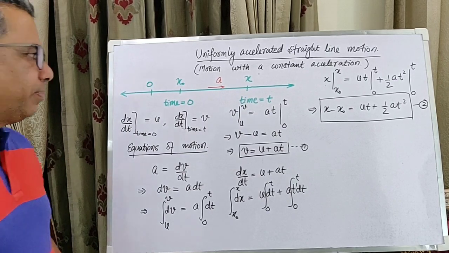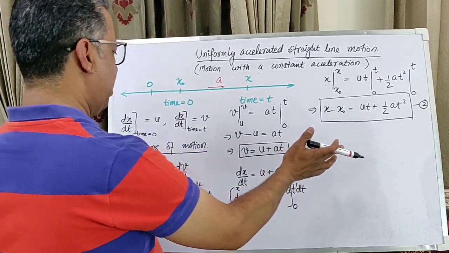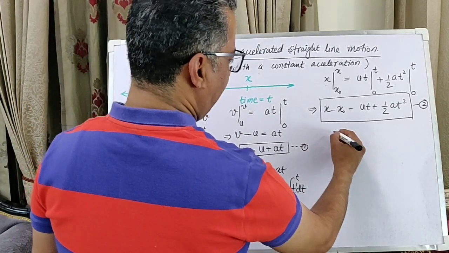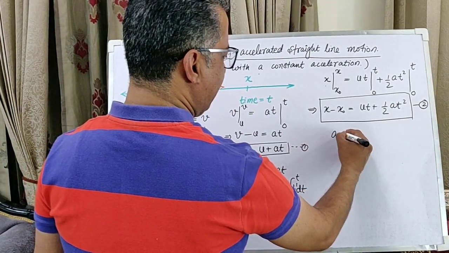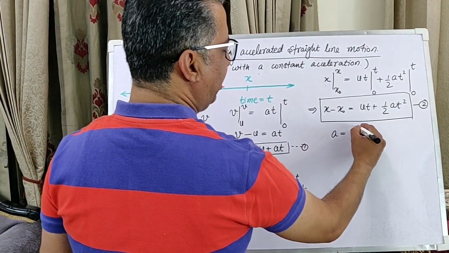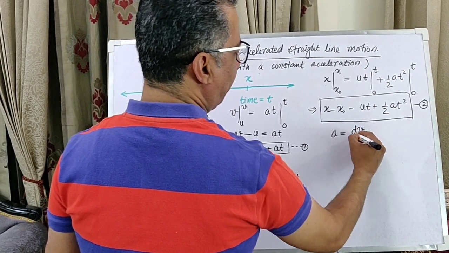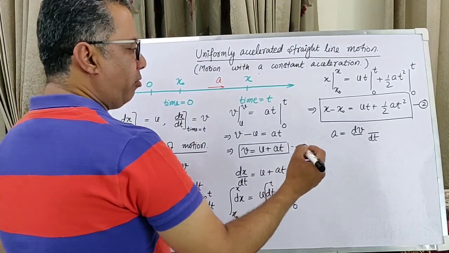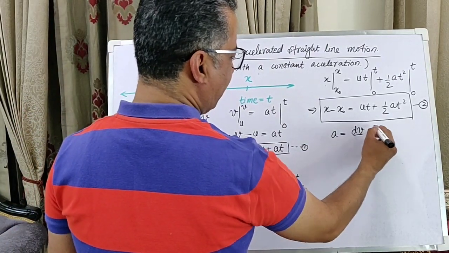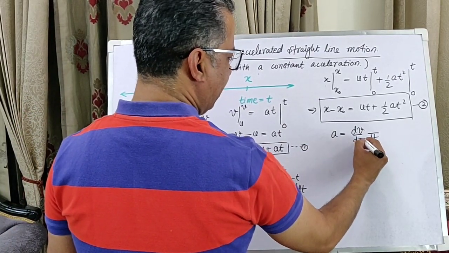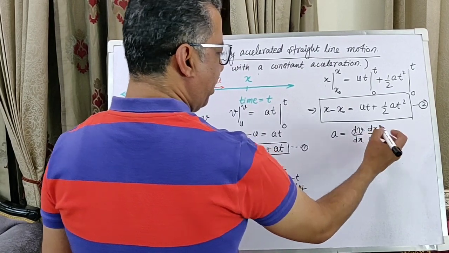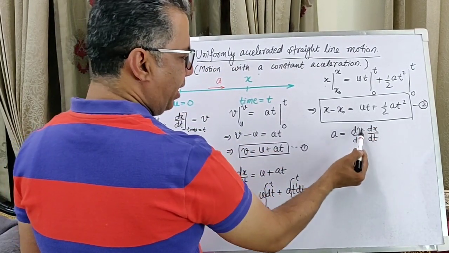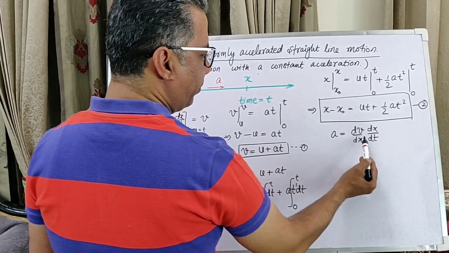And the third one works out a little differently. We are aware that a equals dv by dt. Now what we do is we multiply and divide by dx, and we are very well aware that dx by dt is v.